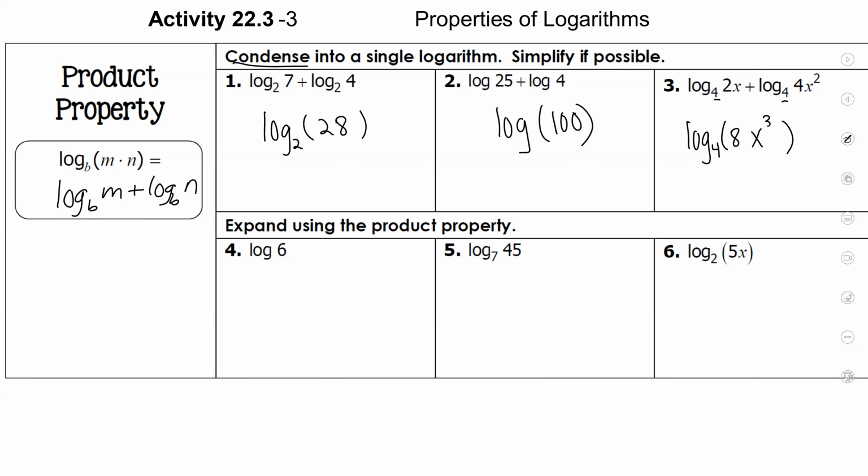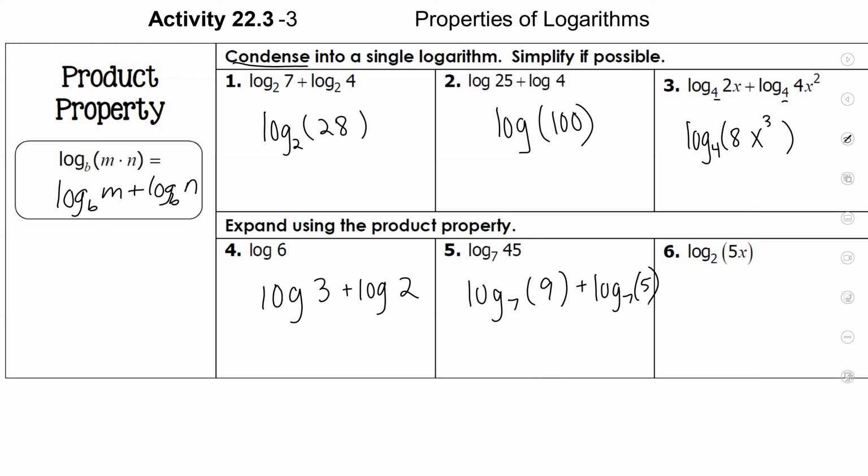Can you guys give me two numbers that would give me 6? Okay, so this can be log of 3 plus log of 2. Can you guys give me two numbers that give me 45? 9 and 5, so we can do log base 7 of 9 plus log base 7 of 5, since 9 times 5 will give you 45.